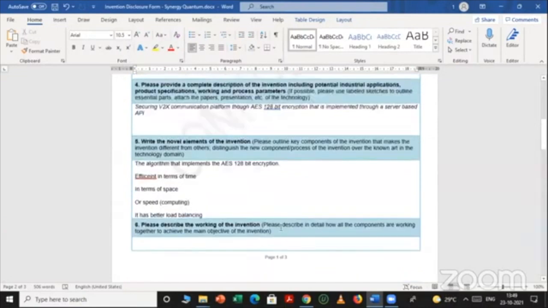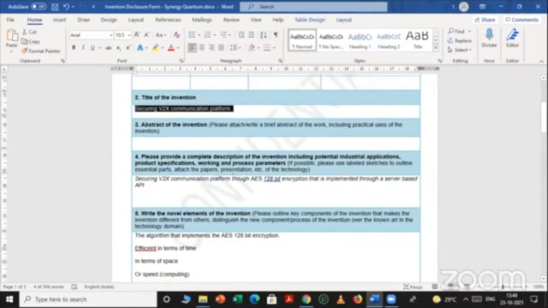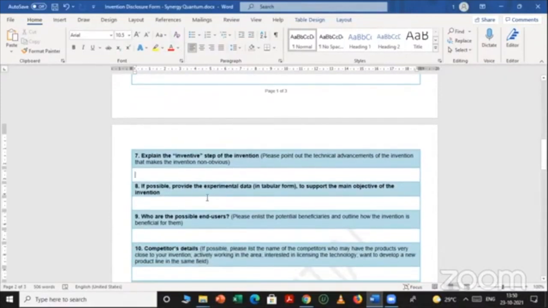So for example, if a researcher says that his invention, a secure V2X communication platform, will enable Uber drivers or Ola drivers to better spot customers, or to facilitate better coverage in a city, then they can be the end users.